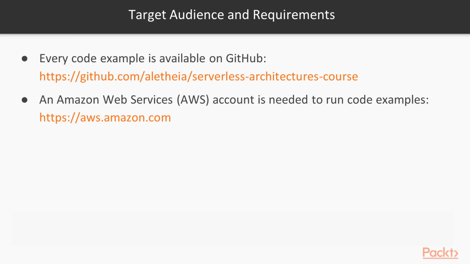So the discussion about the architectures is vendor agnostic, but the code samples need to be deployed on a vendor infrastructure, and we will be using AWS. So you will need an AWS account. We will stick pretty much to the free tier, or at least a couple of dollars, no more than that, will be required. So you can just open an AWS account directly if you don't have one.